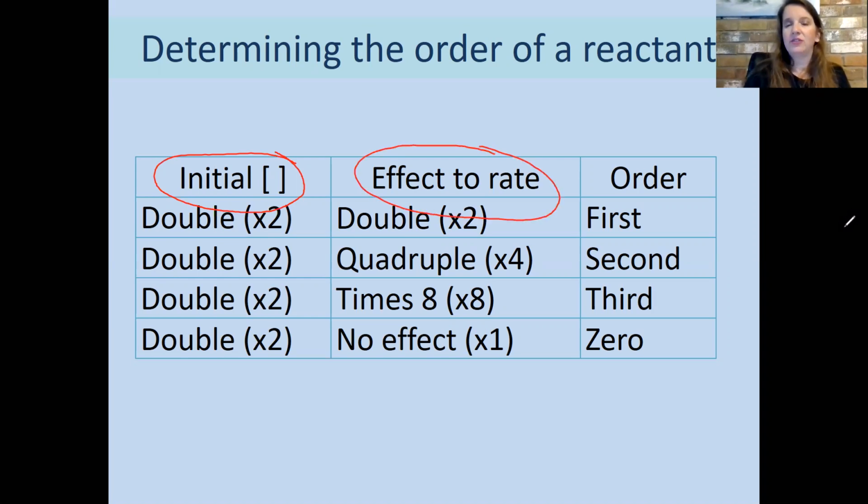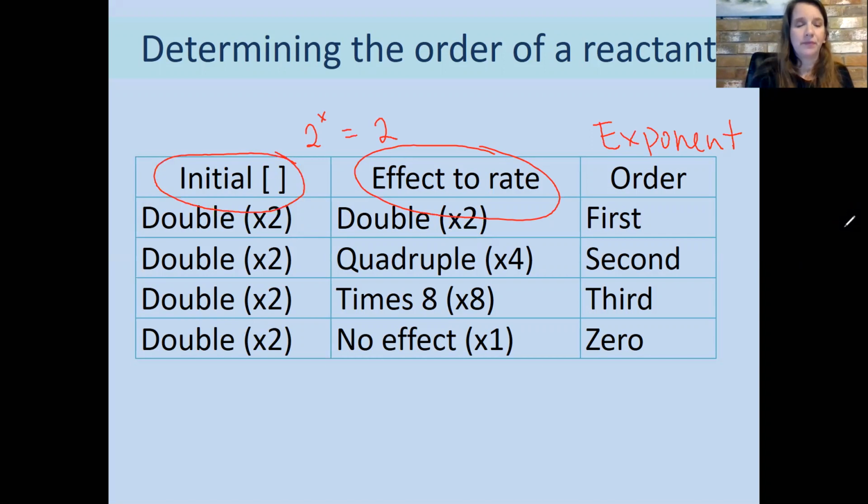And just a reminder, what we saw in the last couple of slides is that the order is going to be the exponent. So if your initial concentration is doubled and the effect on the rate is doubled, the exponent on the concentration would have to be 1. That's why it's a first order reactant.